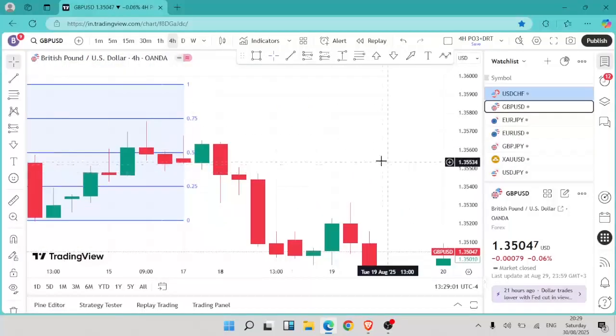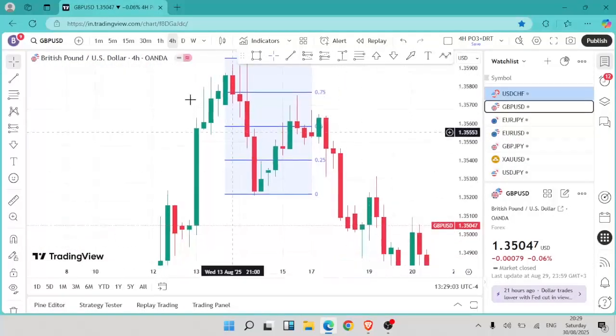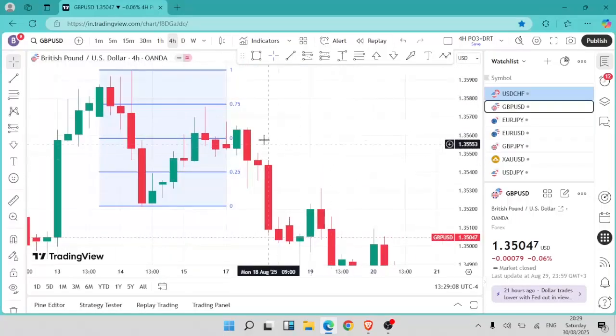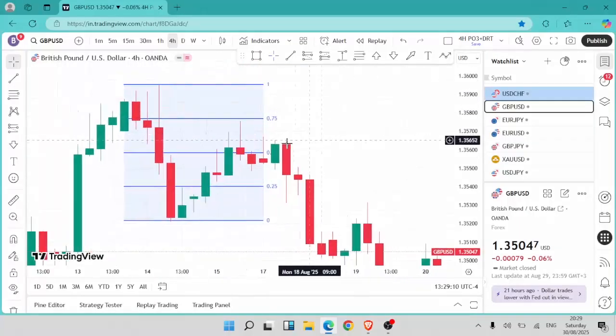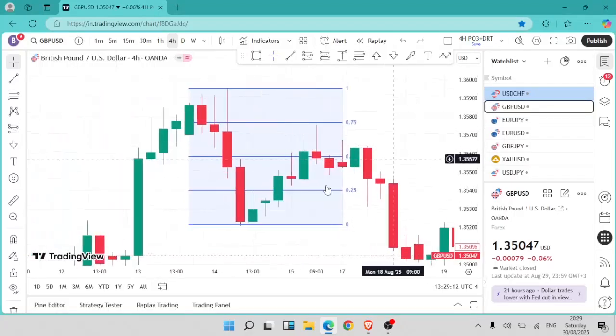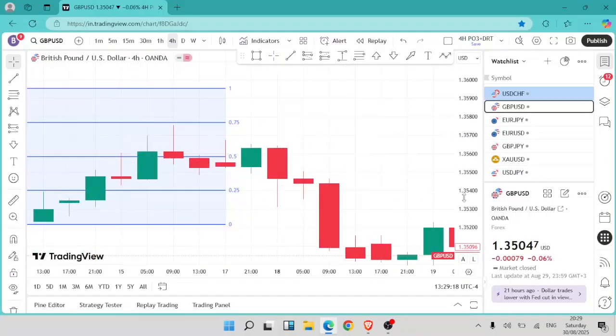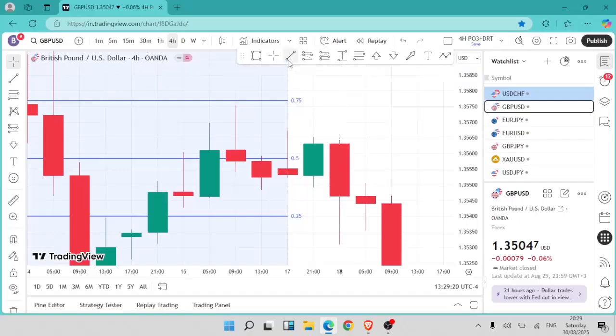For example, you can notice we have this dealing range, right? And then at the premium of this dealing range we have this candle, the 5 a.m. candle range, and then this one manipulates and sweeps the high of this previous candle.